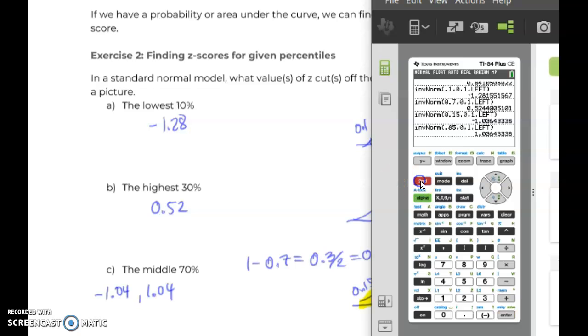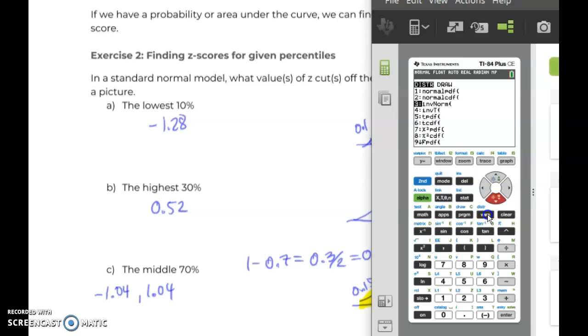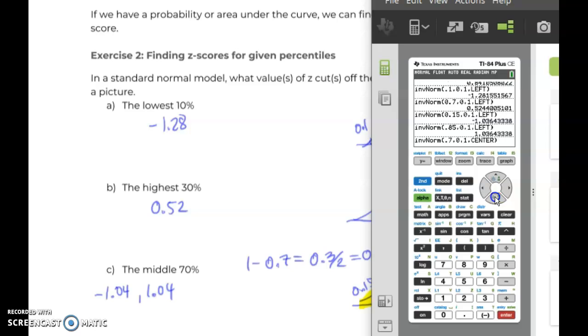Now for that function, it's really nice if you do have one of the newer versions, because as I mentioned before, instead of doing 85% or 0.85 to the left, we can just say I want 70% in the middle, and I can change that function and say, give me the two values that have 70% in between them.